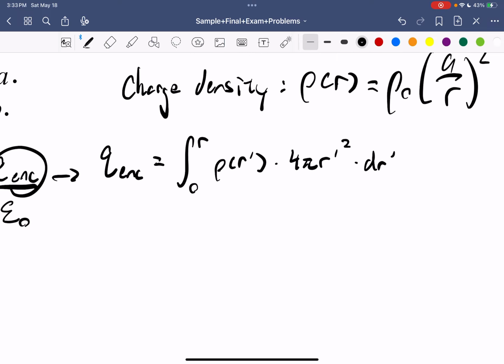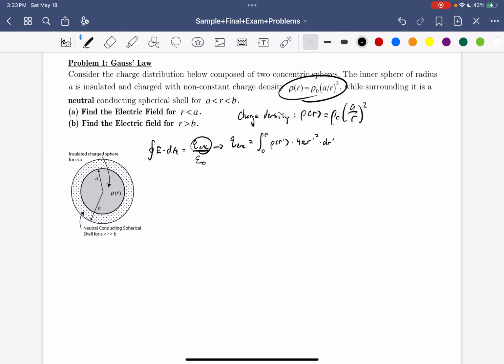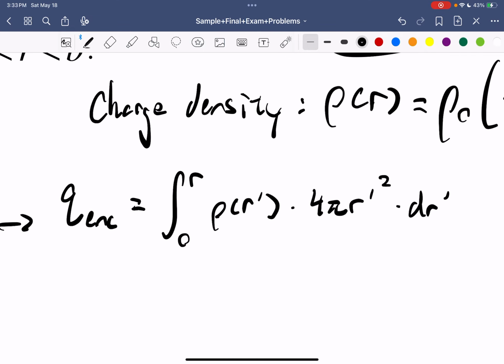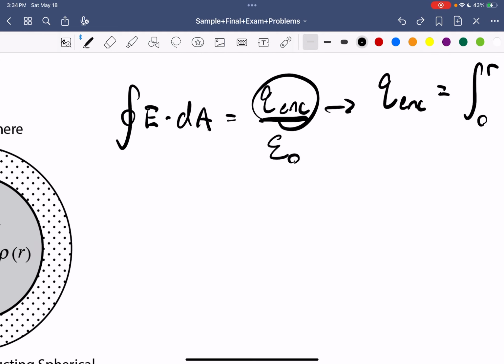All right, so now we have Q enclosed set up. How can we solve this? First of all, you can recognize that rho(r) is this expression right here, so let's plug that in.